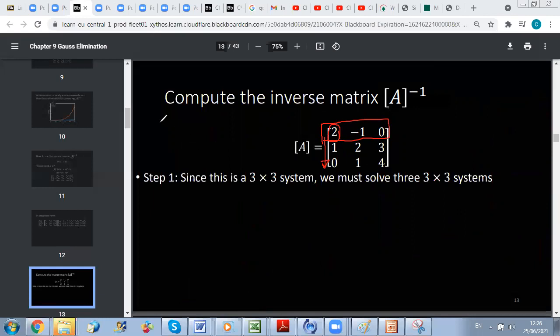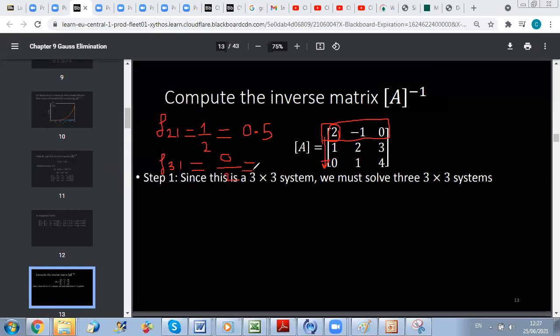Now I can start to define my factors. I have that F21 is equal to 1 over 2 equals to 0.5. And my second factor is F31 equals to 0 over 2, which is 0.